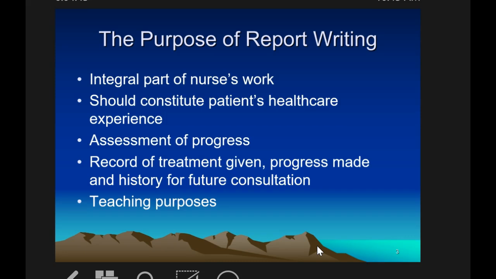But from this subject perspective, it's important to know that from time to time, a patient's healthcare records will be required as evidence in court. It's important to stress, though, that it's not the most important reason for writing good healthcare records. Obviously, it's something that you must attain a very high standard.